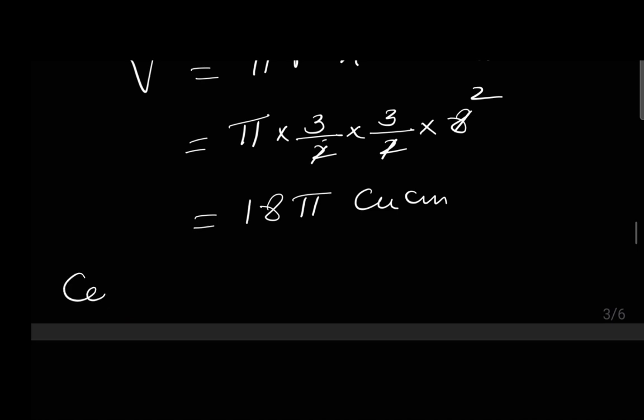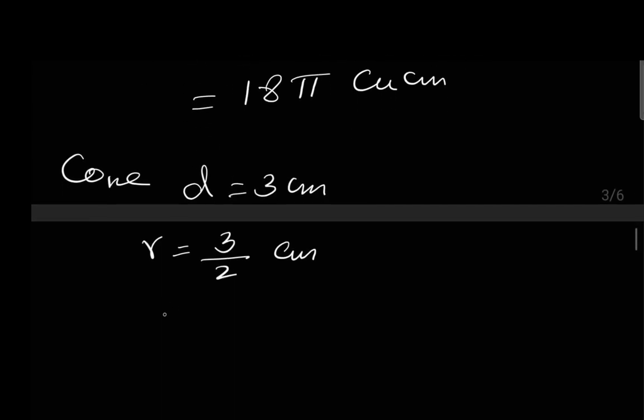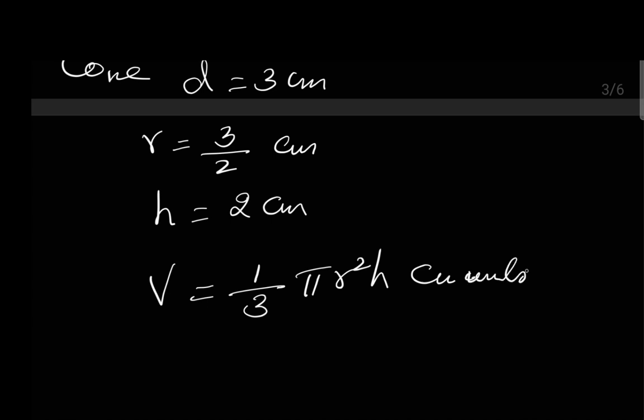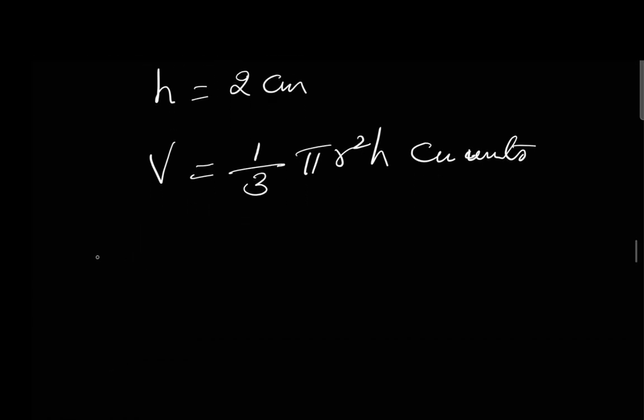Next take the cone. So the radius is the same, radius 3 by 2 centimeter. The diameter is 3 centimeters, so radius is 3 by 2. And what about the height of the cone? 2 centimeter. So what is the formula for the volume? 1 by 3 pi r squared h cubic units. Here the volume of 2 cones you have to find.